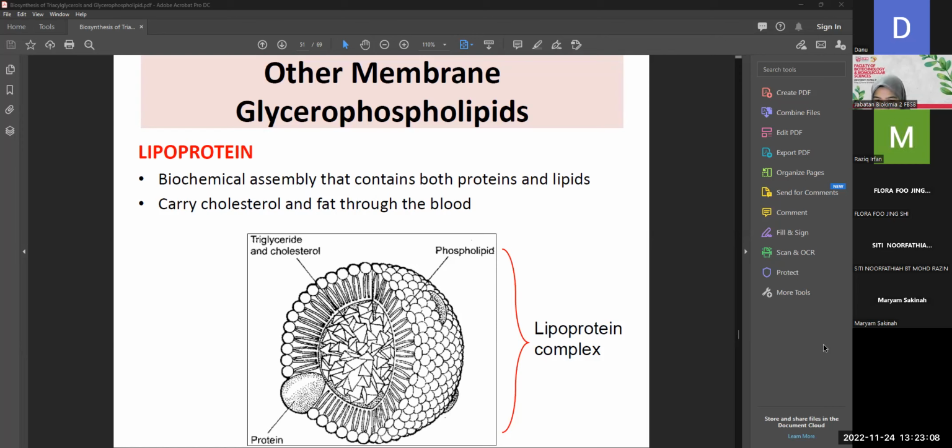Okay, so lipoprotein. Look again at the structure of the lipoprotein complex. Where are the phospholipid, protein, triglyceride, and cholesterol located in terms of the structure, so that you can see why it is important for how this lipoprotein complex can carry cholesterol and fat through the blood?